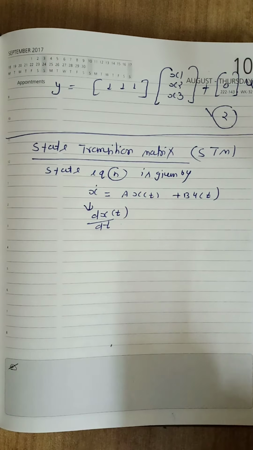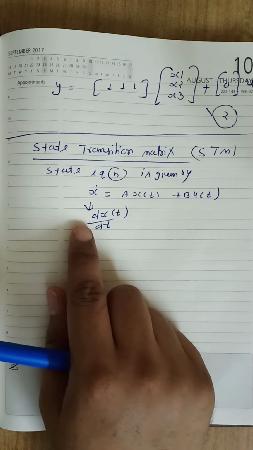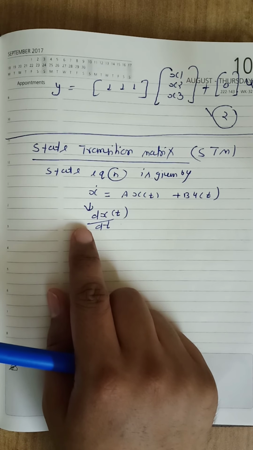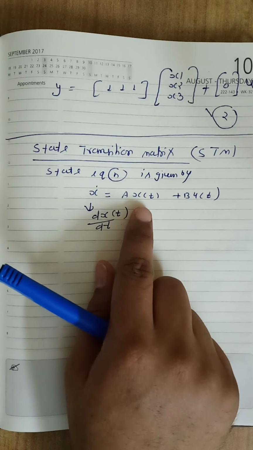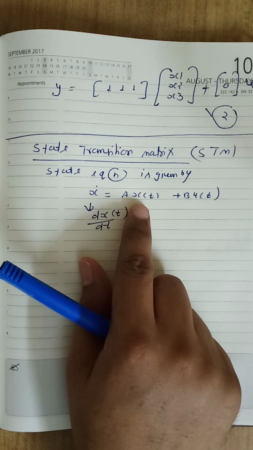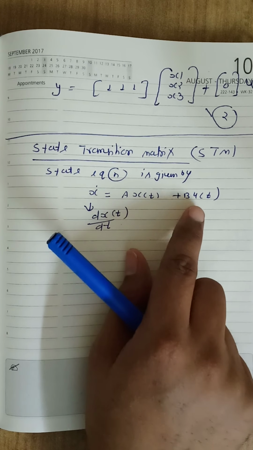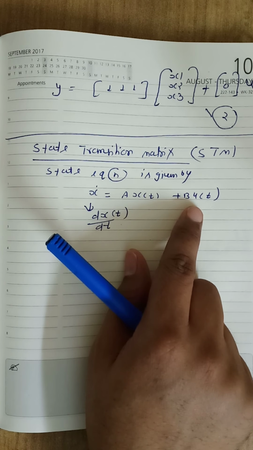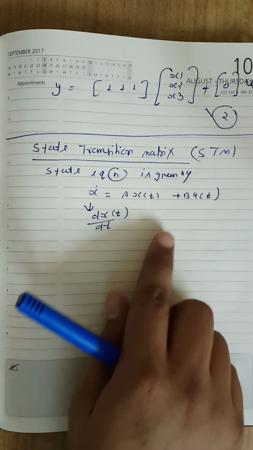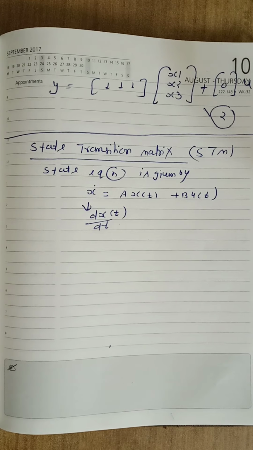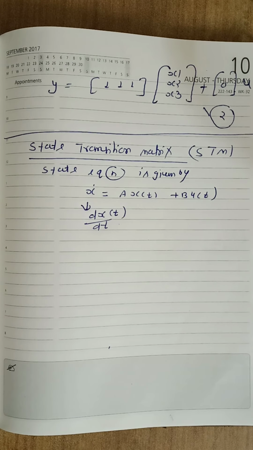Basically, the natural response of a state equation is obtained by considering the effect of the initial vector x of 0 while the input vector u of t in the equation is deleted. So this makes the state equation homogeneous.